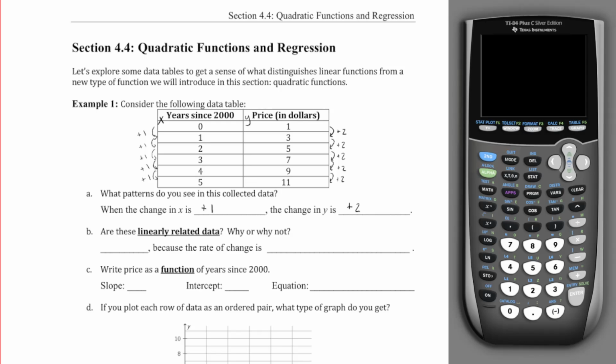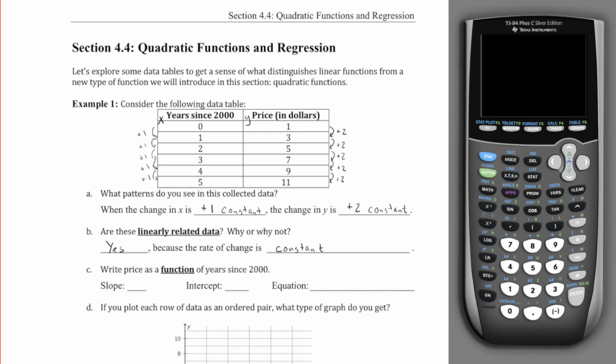And we see that these are linearly related data because the rate of change is constant. A constant change in X produces a constant change in Y. Every plus 1 in X produces a plus 2 in Y. And we can read the information to write down a linear equation off the table.